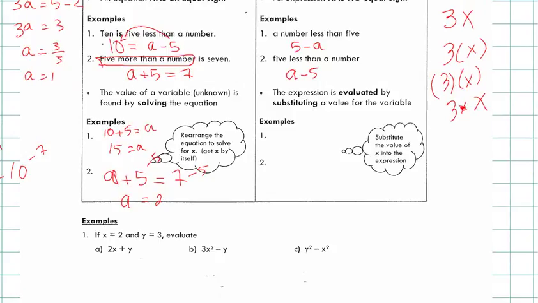Okay, now when it comes to expressions, I can't solve. I can't move things around because I don't have that bridge, the equal sign, to make it move. So the only thing I can do is substitute and evaluate. If I tell you to evaluate if A is equal to 2, that's an example.